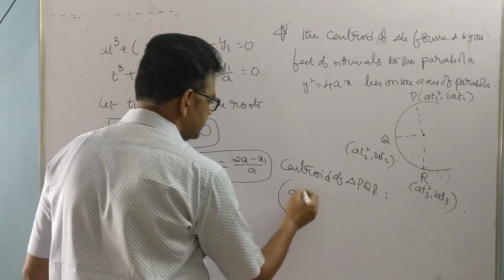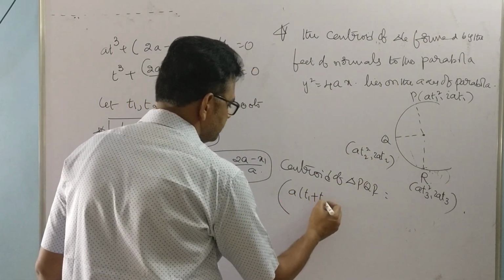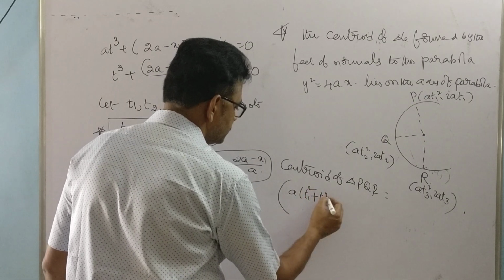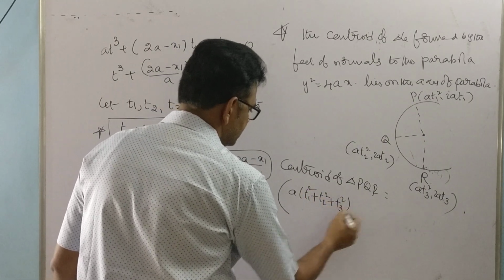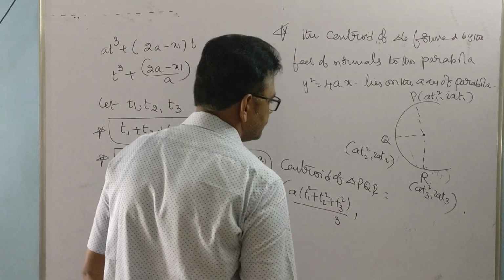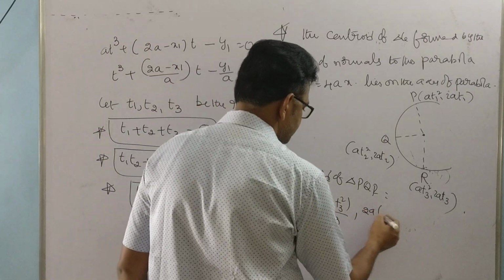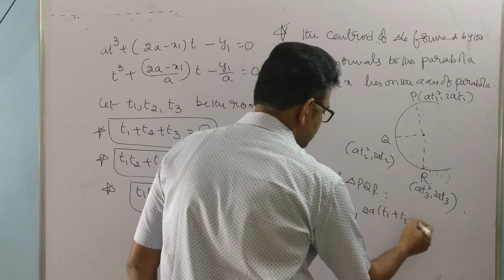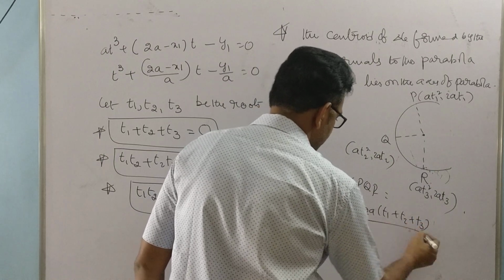That means, taking a common, a(t1 square plus t2 square plus t3 square) by 3, comma, 2a common, (t1 plus t2 plus t3) by 3.